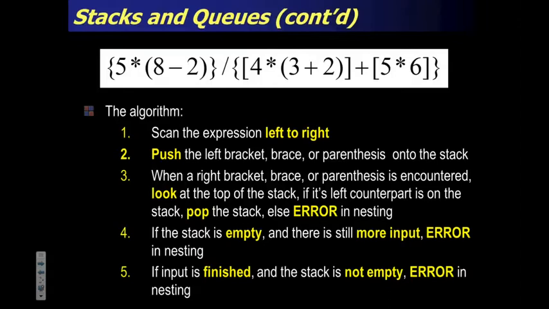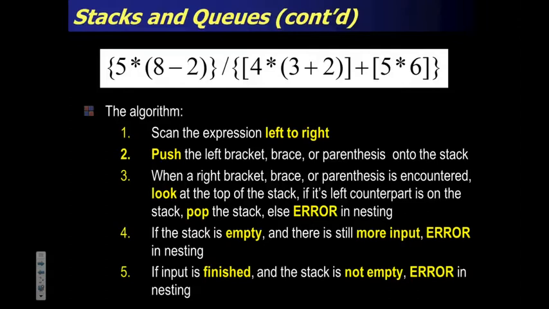We start on the left and we move towards the right. When we encounter a left bracket or brace or parenthesis, we'll put it on the stack. So we'll keep track of that on the stack. When we encounter a right brace or a right parenthesis, we will then pop the stack. Okay?